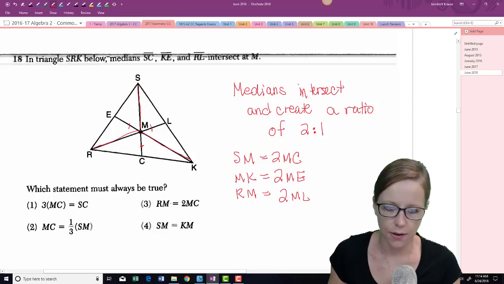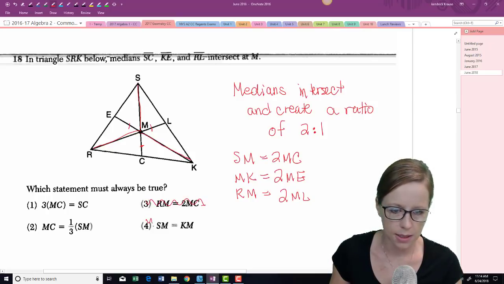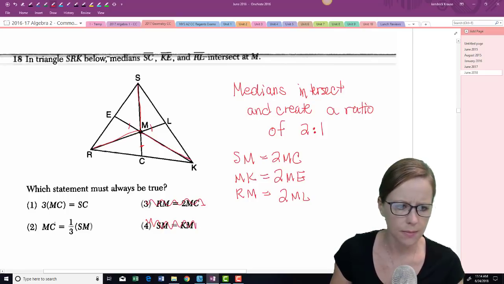And that's one of the choices. You feel like it's going to be this one. It's not. SM and KM are not congruent. MC is 1/3 of SM. No.